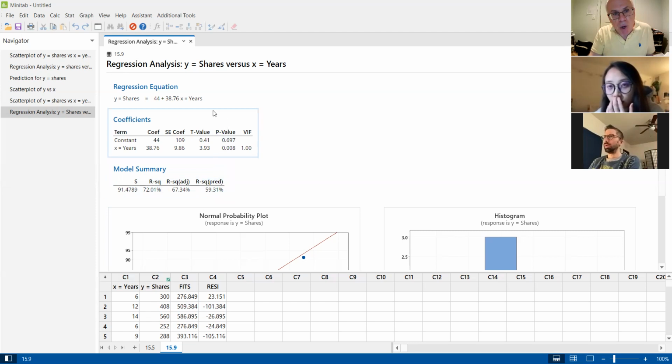Because remember, this equation is using only one independent variable, the predictor, which in this case is what? It's the number of years of service, right? And it's saying it's going to predict the number of shares that the person has. But there could be other variables also that are predicting the number of shares that we may not be aware of, all right?